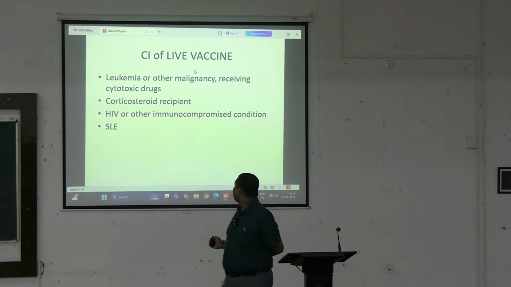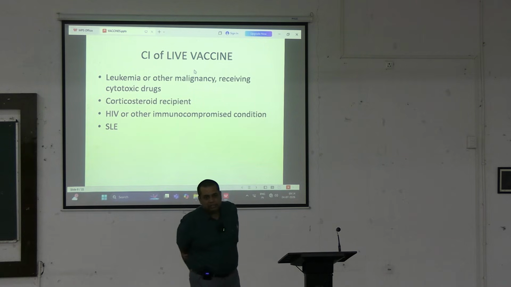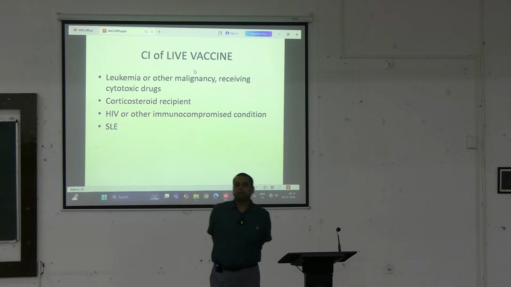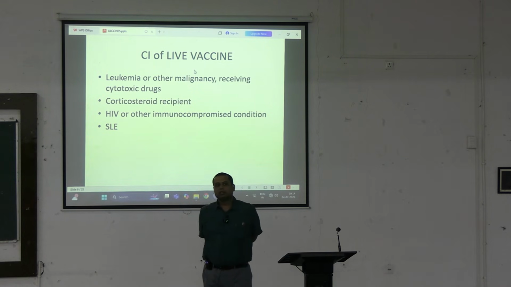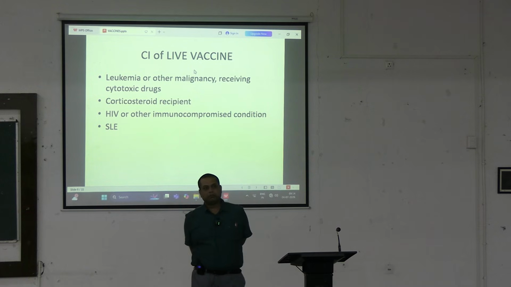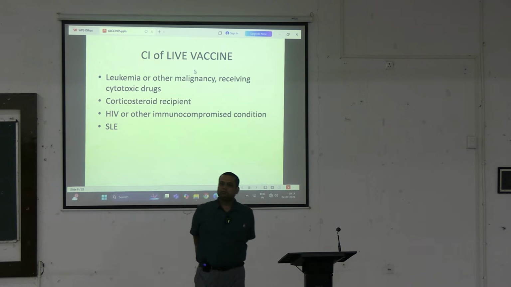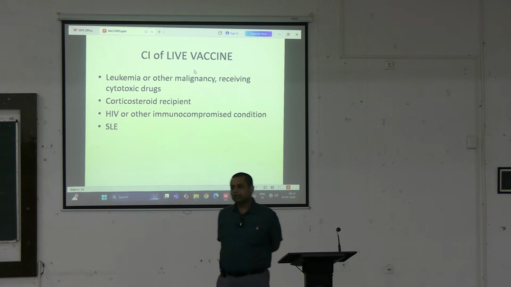These are live vaccines. They may not cause any harm in normal people with normal immunity, but in immunocompromised persons, these may lead to infection, that is, vaccine induced infection.